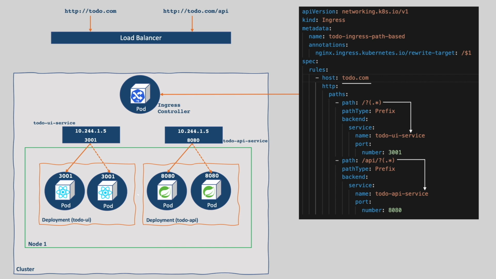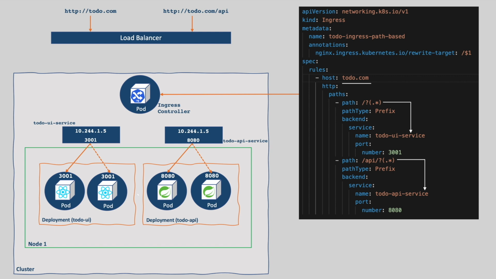So to process Ingress rules, we must deploy an Ingress Controller into our cluster to watch for these declarations and act upon them. So now, whenever we make a request, the Ingress Controller inspects the HTTP request and directs that request to the correct pods based on the Ingress rule that we defined.